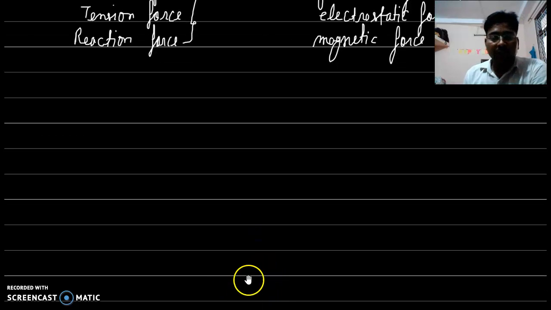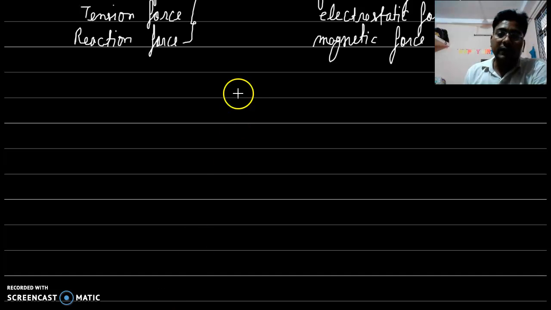The other classification of the force is on the basis of the balancing of force.